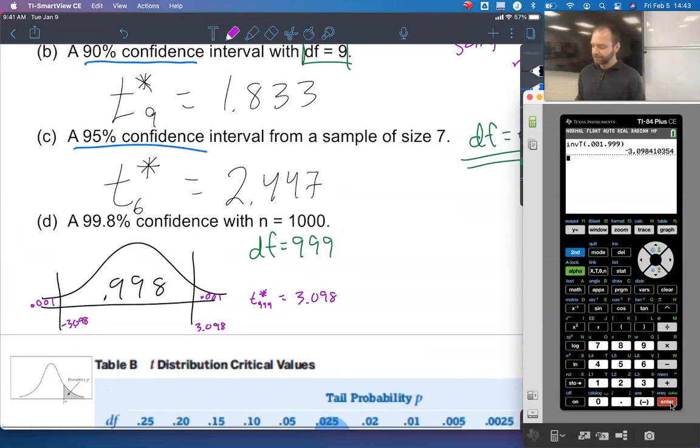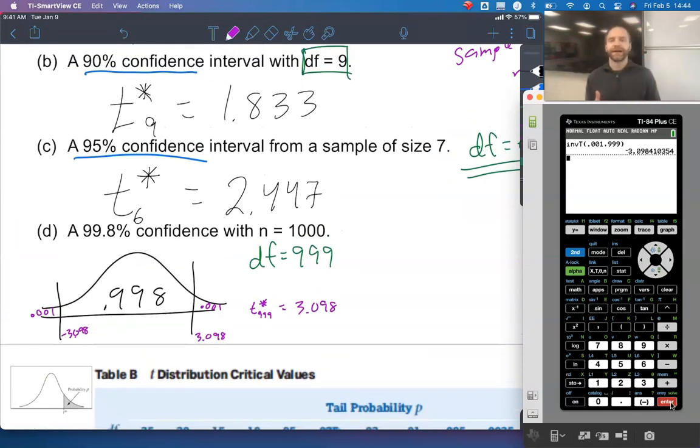Well, let's check it out. Let's see what's going on. If I have a 95%, how much area is in the tail? I could have 0.95 here, and 0.025, and 0.025.